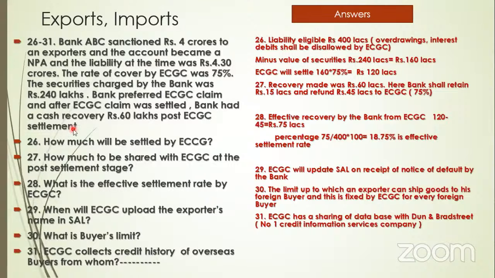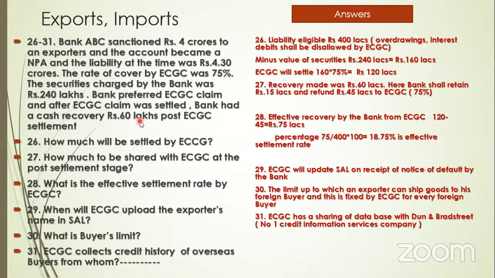In May, these people put pressure on the guarantor or somebody, because your account has become NPA. He gave some cash and settled. After the ECGC settlement, 60 lakhs. Now the entire 60 lakhs you cannot retain. Why? Because you have entered into an agreement with ECGC.